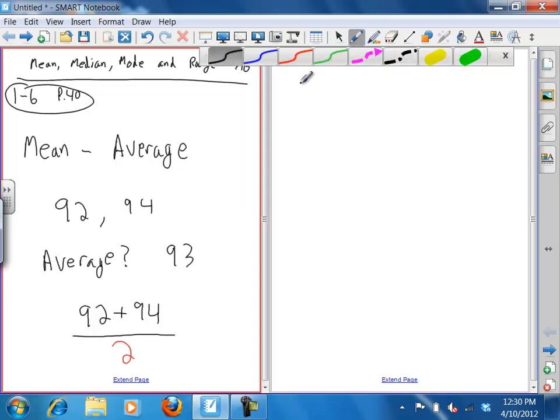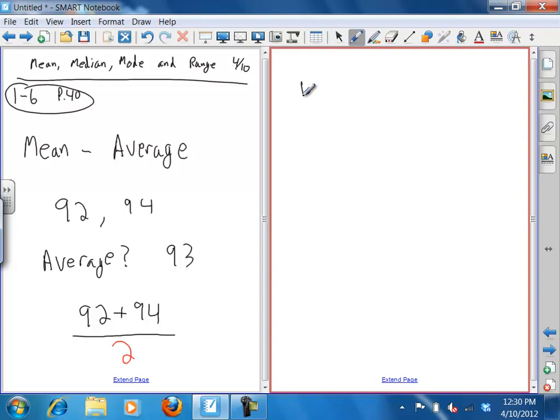So let's take a mean of something that we know: we got a 40 on a test, we got a 51 on a test, and we got a 63 on a test, okay? Now it's pretty hard to find the average here. This wasn't so bad because we knew that's right around 93. One's one below, one's one above, and that's it. But here, these numbers we don't know.